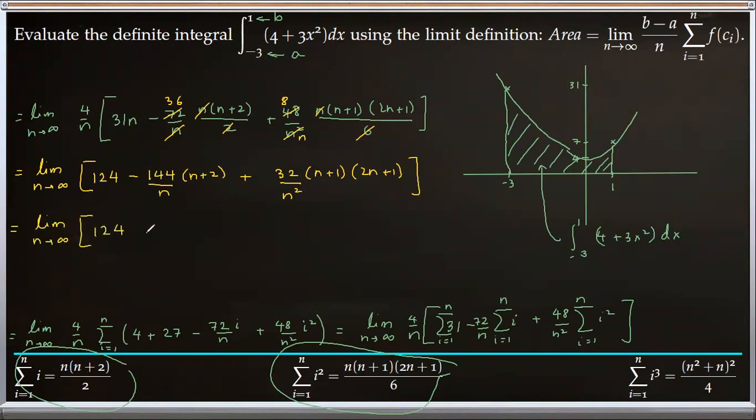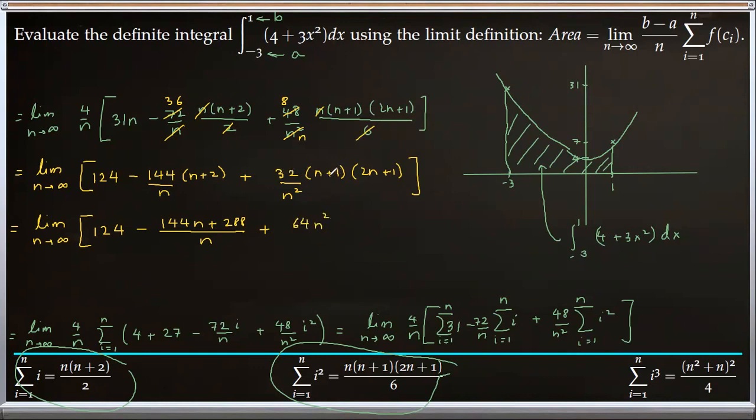So 124 minus, we have 144n plus 288 by n, plus, we have 32 times n times 2n would be 64 n squared.